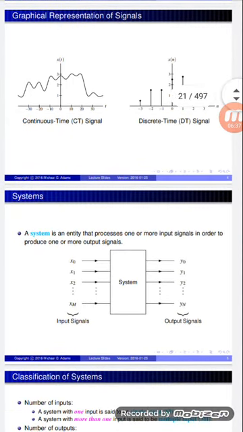Let us see the graphical representation of signals. The first signal is a continuous time signal, a form of analog, which contains positives and negatives. That's why it is called an analog signal.